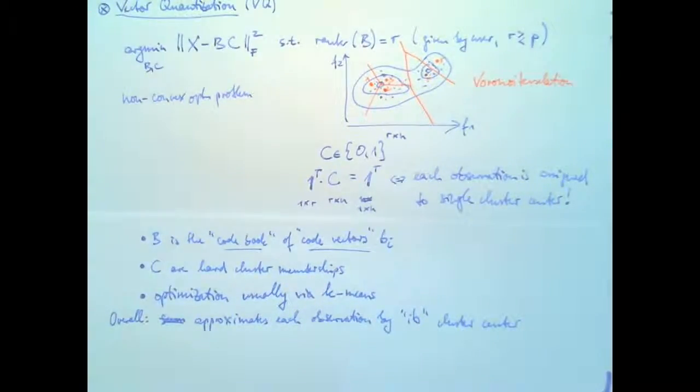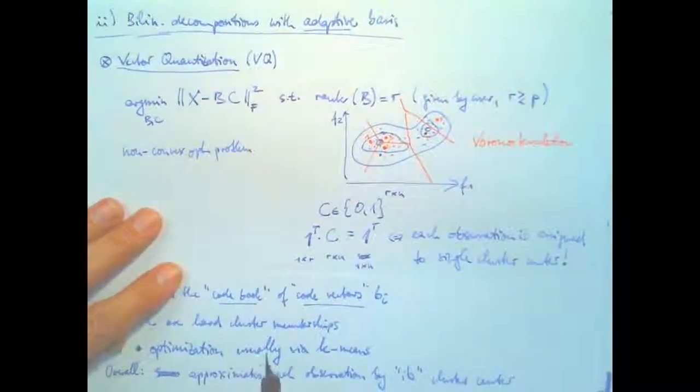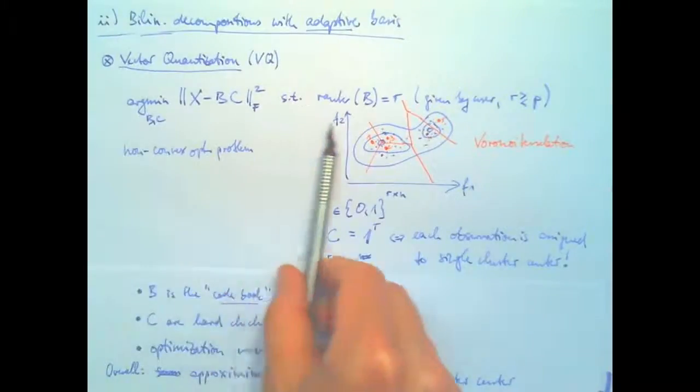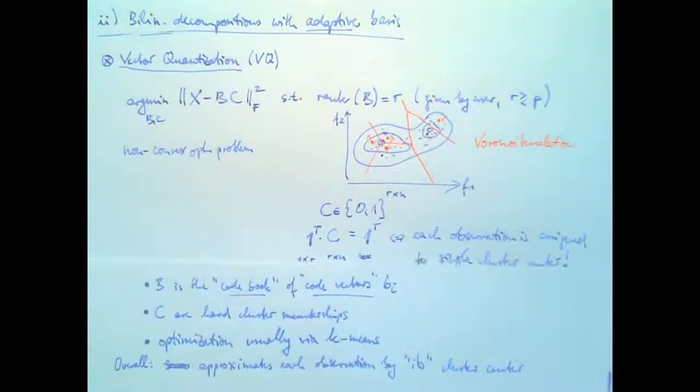Now, in practice, it's done via the so-called k-means algorithm, which I wanted to talk about only in a few weeks. But what you do is you randomly initialize your cluster centers, you estimate class memberships, you iteratively move each cluster center to the center of mass of its observations, and repeat until convergence.